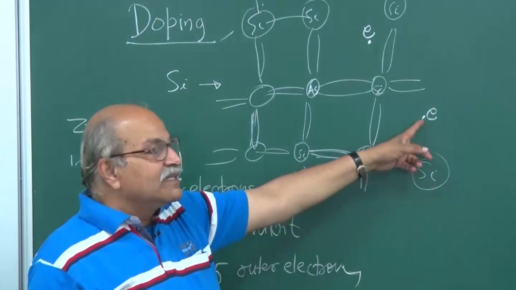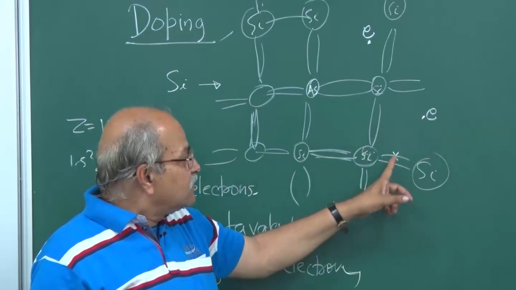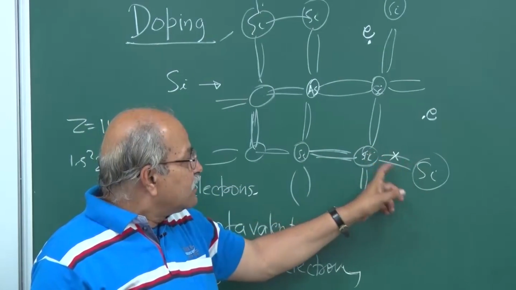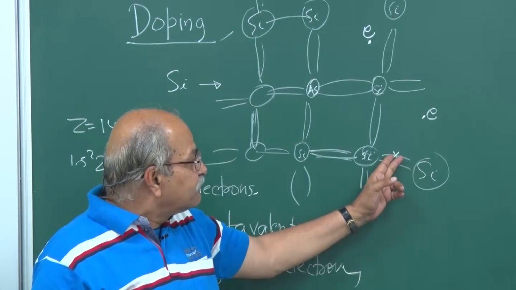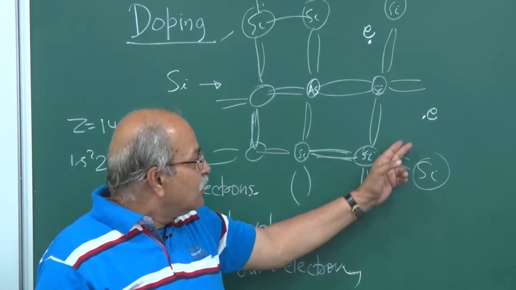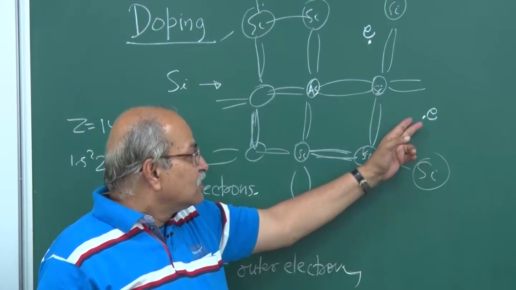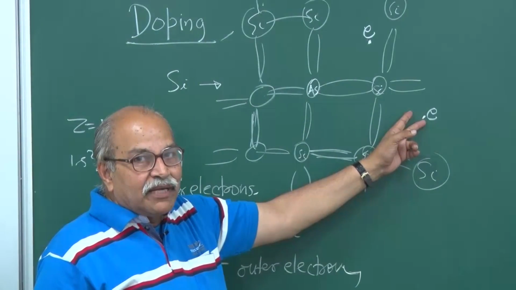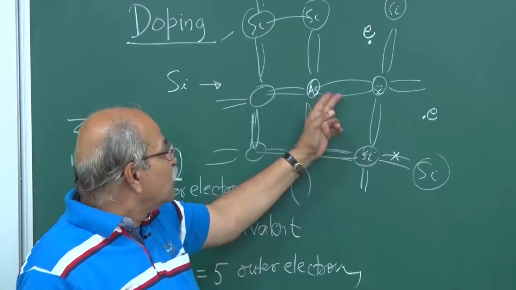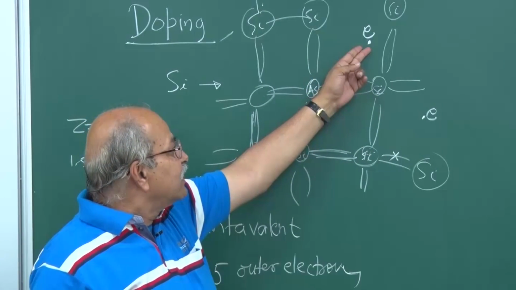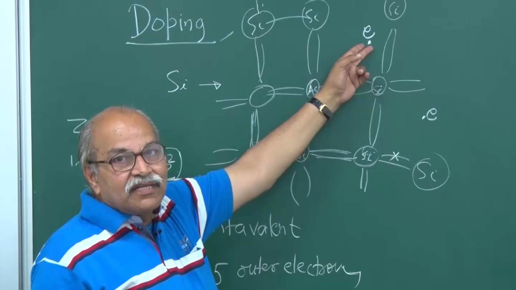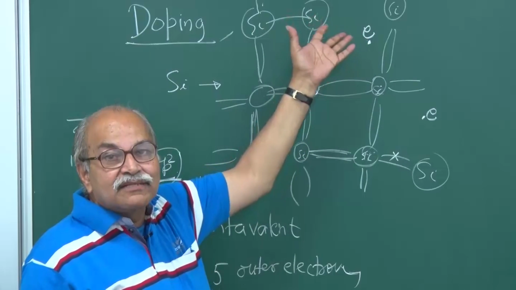This electron is in the conduction band. A valence band electron has gone from the valence band to the conduction band. Here the bond is not broken, but there is an extra electron outside these bonds.